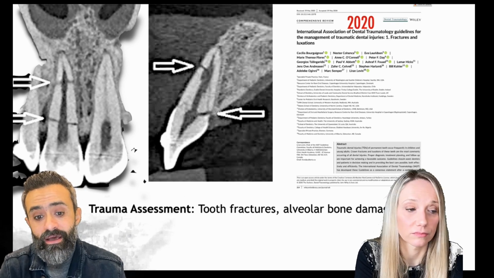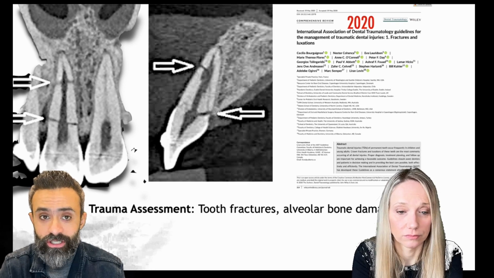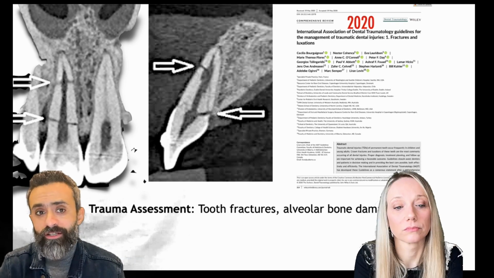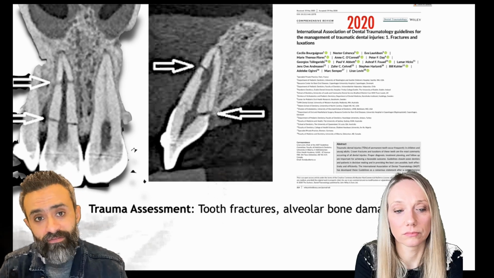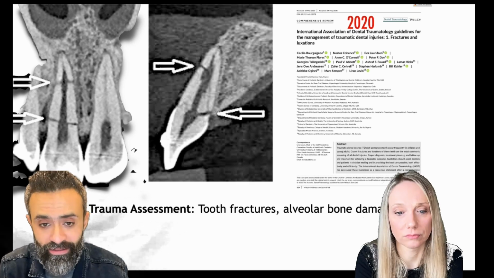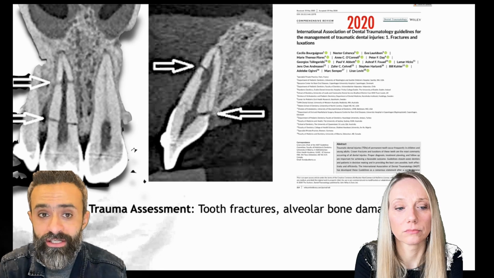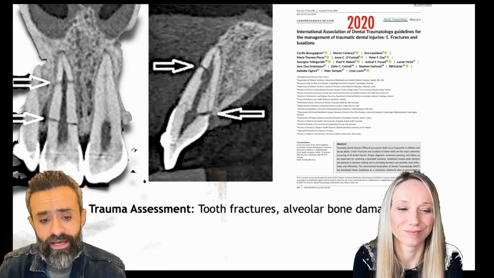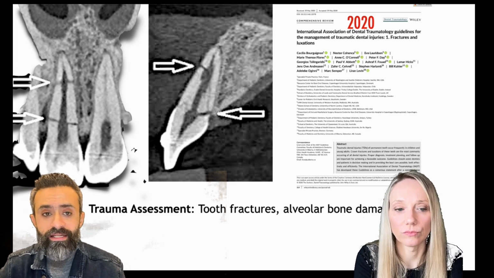CBCT is indicated according to the most recent updates from the International Association of Dental Traumatology guidelines in 2020, so that it can help us determine whether those fractured teeth are deemed not savable, or we can save them, and in some instances how we can reposition luxated teeth, or fix some alveolar fractures. So traumatic dental injuries are one important indication for CBCT scan use. These were in brief the most common indications for obtaining a CBCT scan.